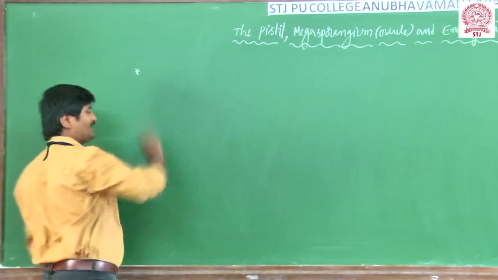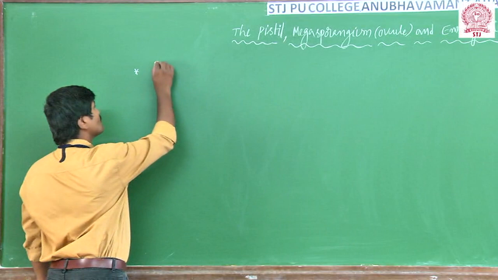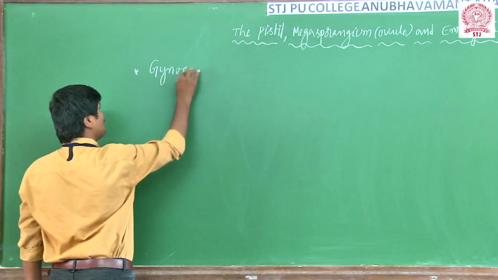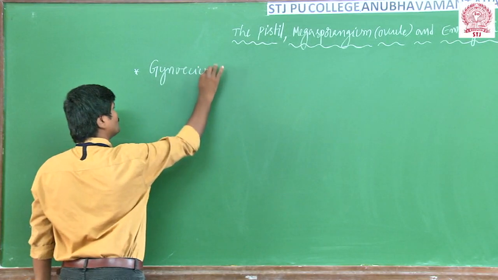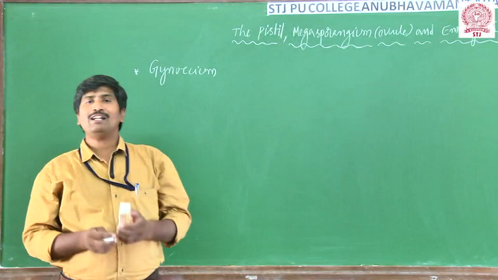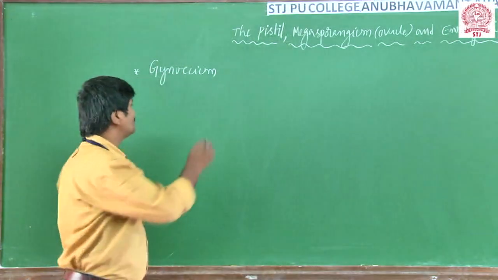What is pistil here? You know, the gynoecium. The gynoecium is the female reproductive organ.